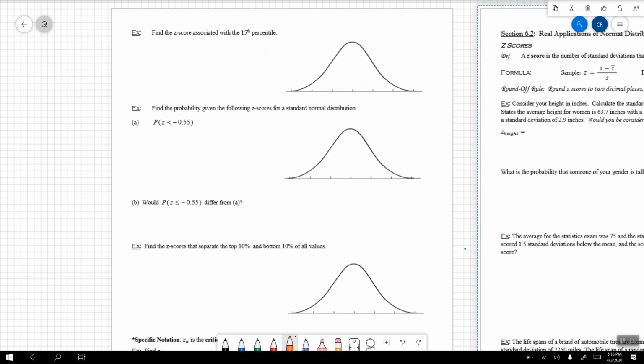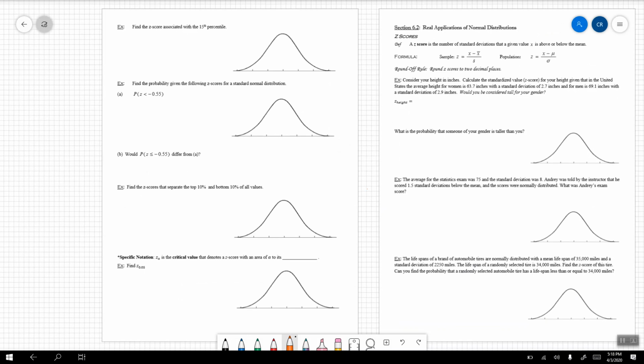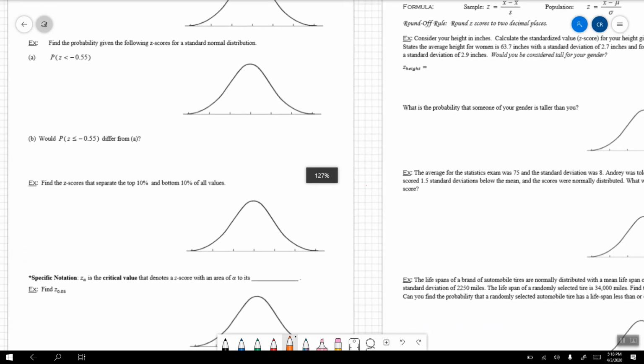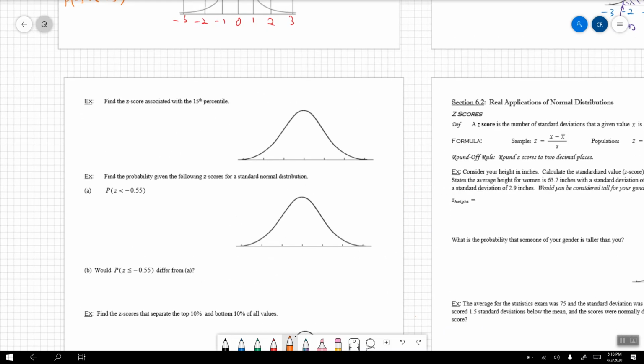All right, so what we're trying to do now is find the z-score that is going to be associated with a certain percentile. Now, the percentile that they're giving us here is really the probability that is being given. So 15th percentile, if you remember, we had notation for that.